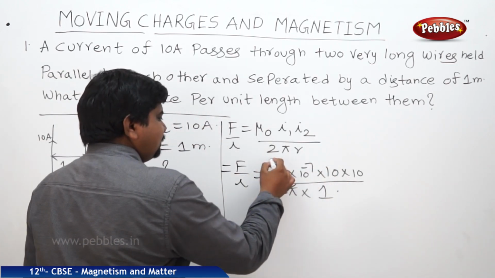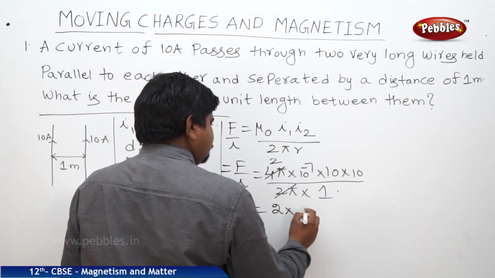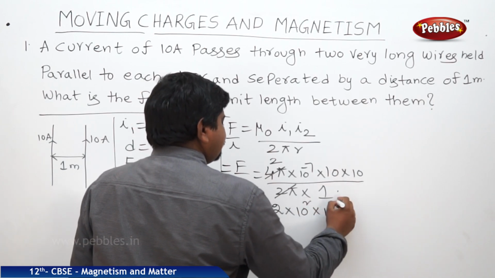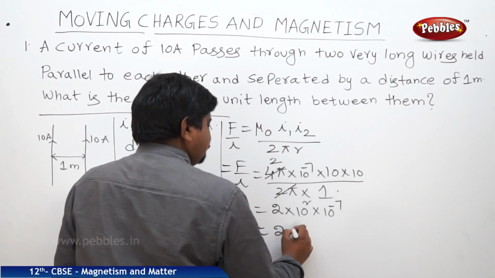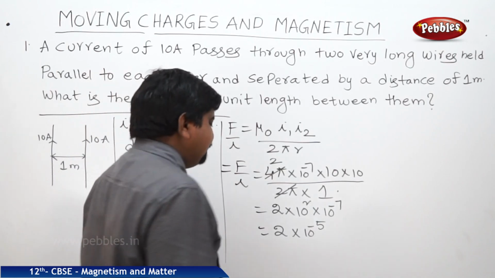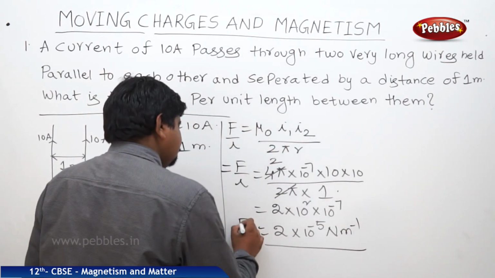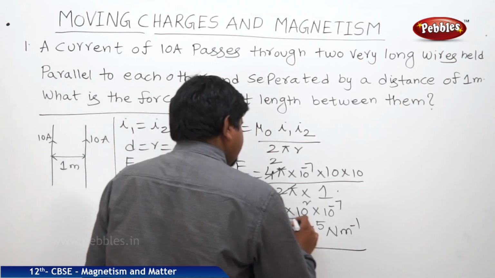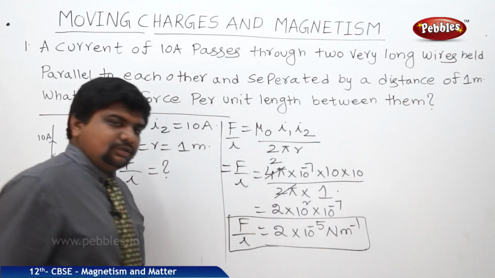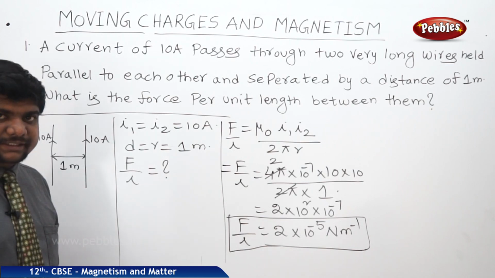This 2 pi, 4 pi gives 2 times. So 2 into 10 into 10 is 100, 10 square into 10 to the power of minus 7. So it will be 2 into 10 to the power of minus 5 Newton per meter. This is F by L. So this much force is there per unit length between the two conductors.